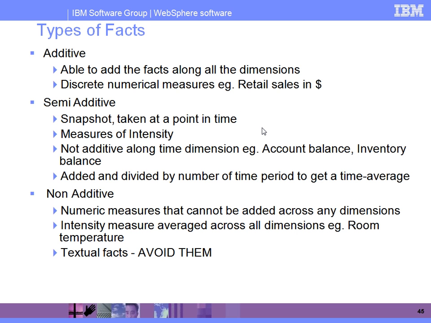There are some numerical values, but those are not useful for any calculations. Because room temperature is high, is there any change in my amount in the bank account? Nothing. If room temperature is low, is there any change? Nothing. Such numerical values will be there sometimes, not every time. If those numerical values are not useful for any business calculation, we maintain them separately in one category called non-additive facts.